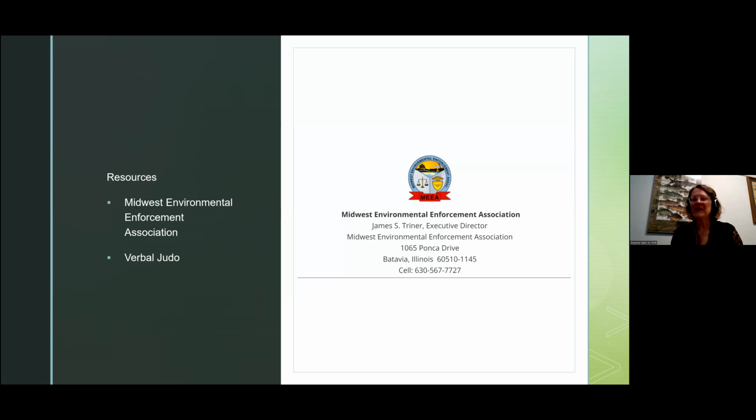There are resources out there that can help you through the enforcement process. I feel very unqualified to provide this type and level of conversation about enforcement, because this is something you're going to be working with at your county level, at your municipal level, to address. But do know that the Midwest Environmental Enforcement Association is a very good resource.